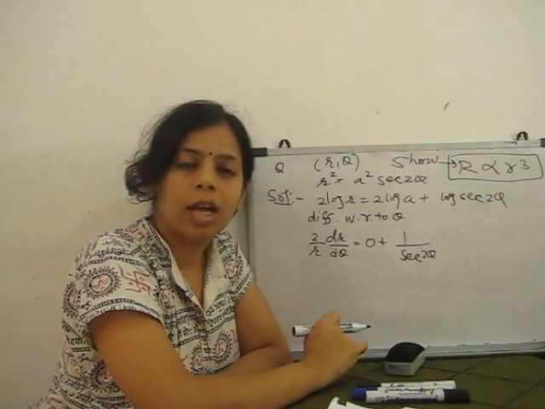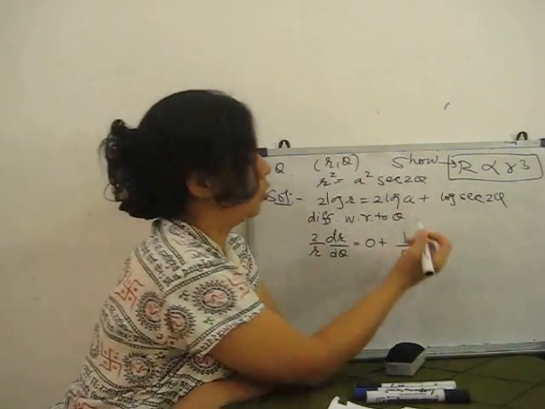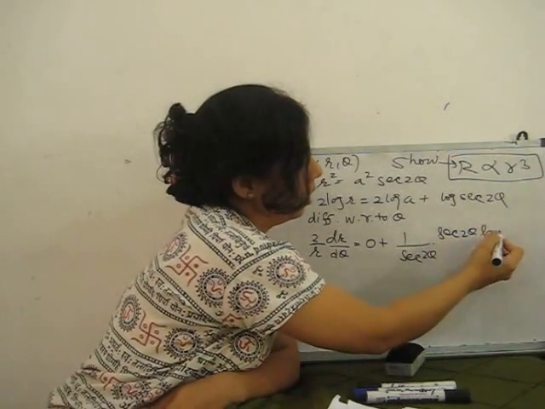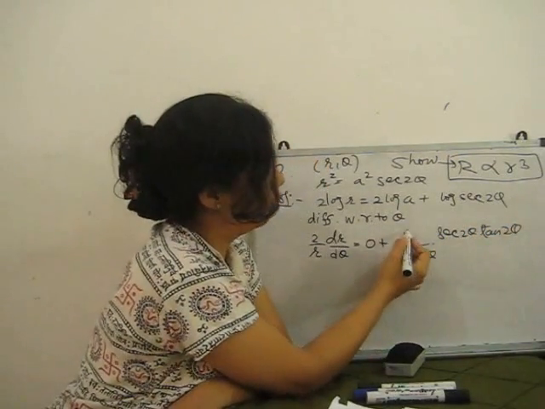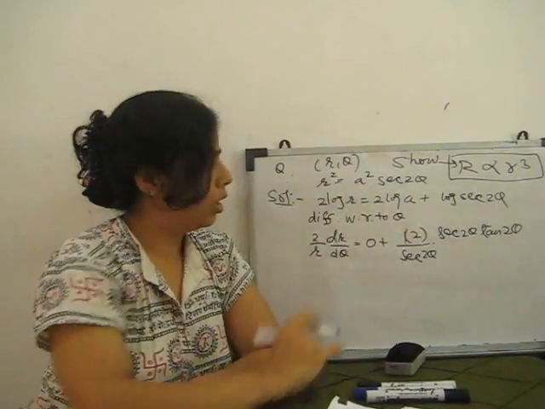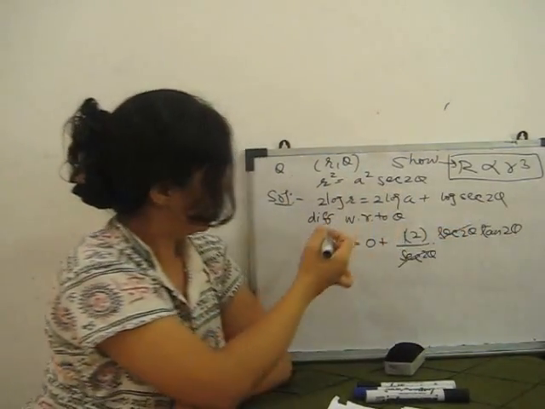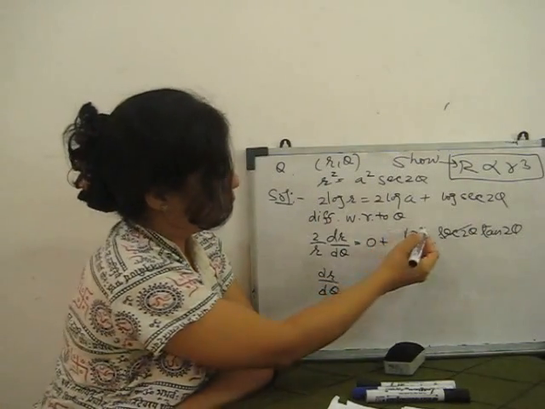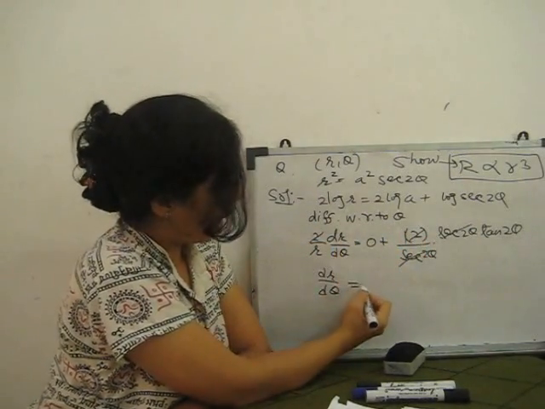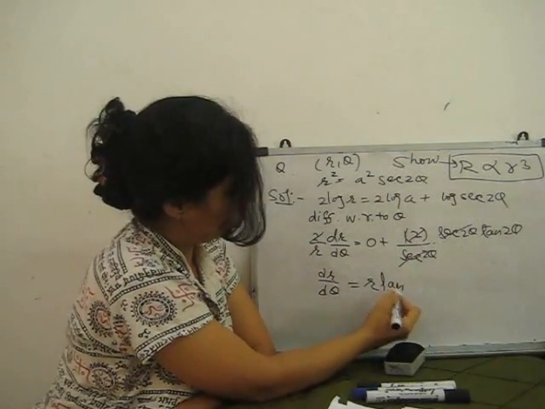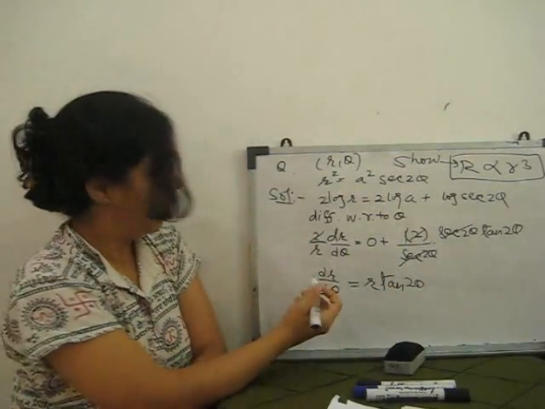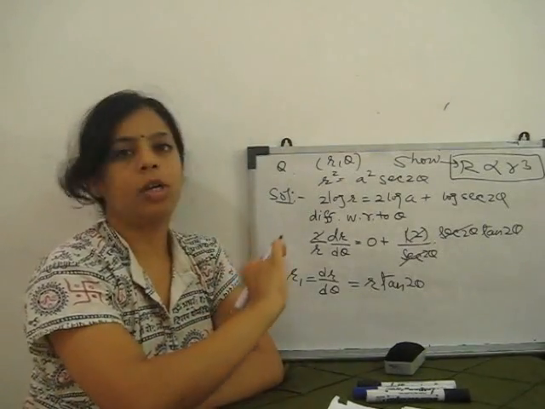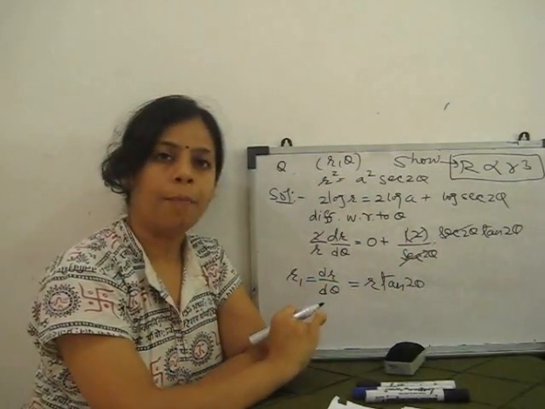The derivative of sec 2 theta is sec 2 theta tan 2 theta, and the derivative of 2 theta is 2. Clear? So this 2 cancels with this 2, and this gives dr by d theta equal to r tan 2 theta. Clear? We can say this is r1, so our r1 is equal to r tan 2 theta.